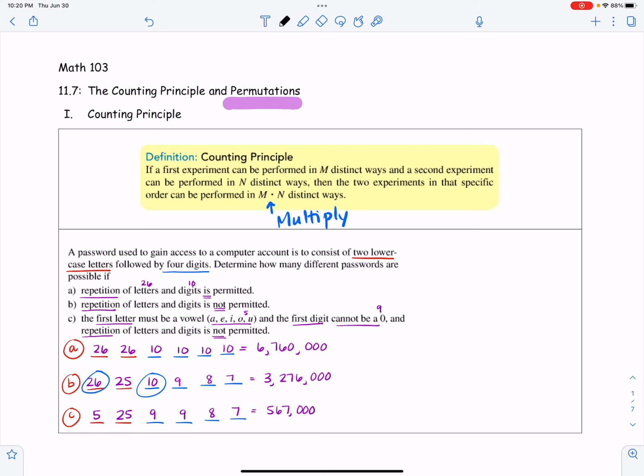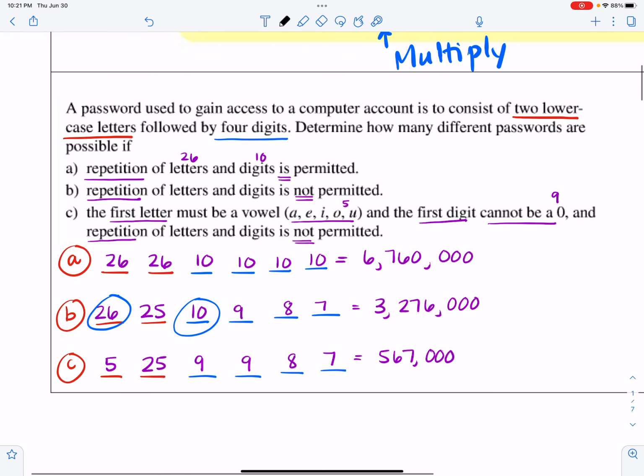Now, one thing I will tell you here, I did a little bit of this in 11.4, but anytime I'm using the fundamental counting principle, if it's not really easy for me to see what needs to be multiplied, then what I like to do is lay things out in terms of blanks, like how many things do I need to assign, because then it makes it easier for me to look at each piece individually.